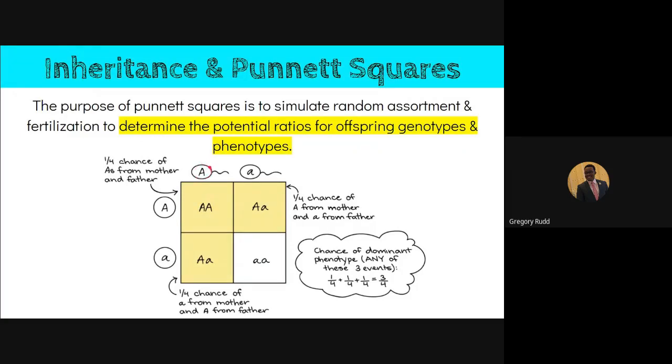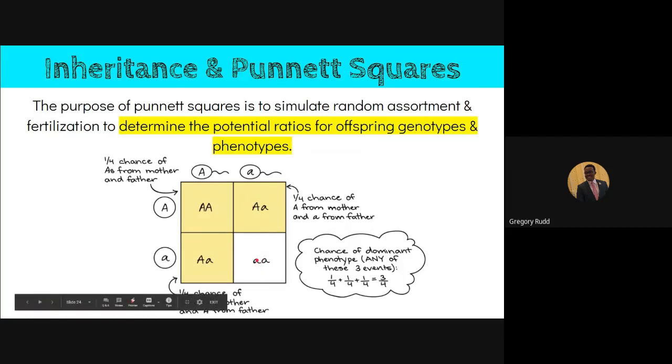If dad's dominant allele mixes with mom's recessive allele, then I've got an offspring that is heterozygous and therefore will have the dominant trait. If dad's recessive allele fertilizes mom's dominant allele, then again, I end up with a heterozygous offspring that expresses the dominant trait.